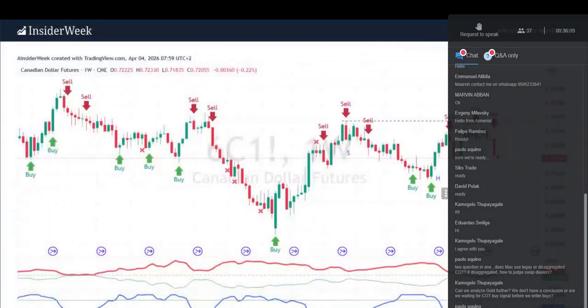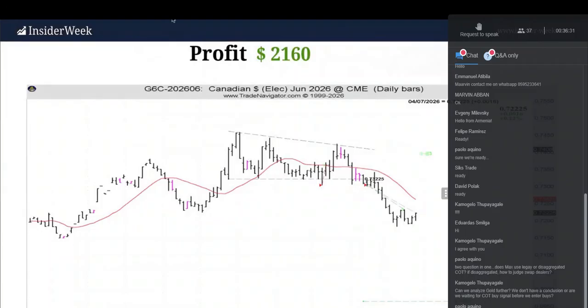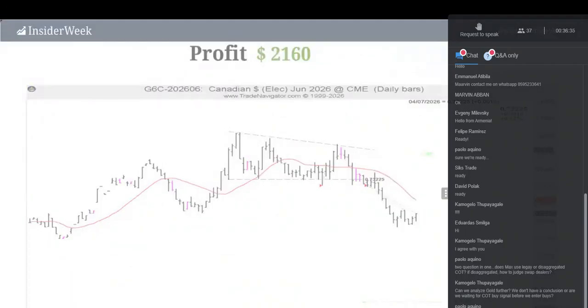So Canadian dollar, in Canadian dollar we got here also a very strong resistance level. We got several sell signals, and we got a head and shoulders formation on the weekly chart. Therefore, I decided to trade this market short, and look how I did it. So first of all, I found here a support.